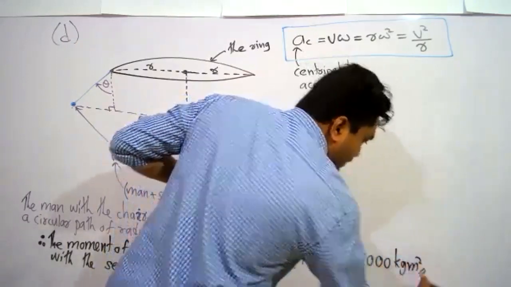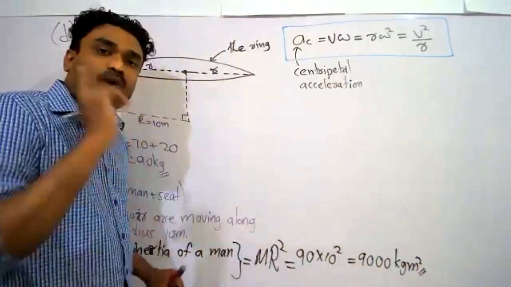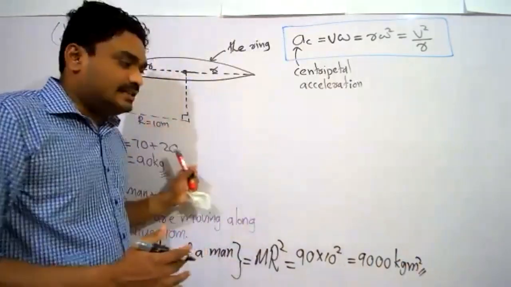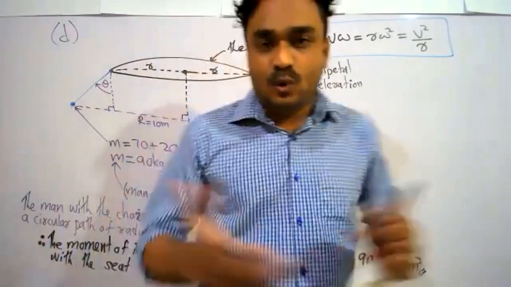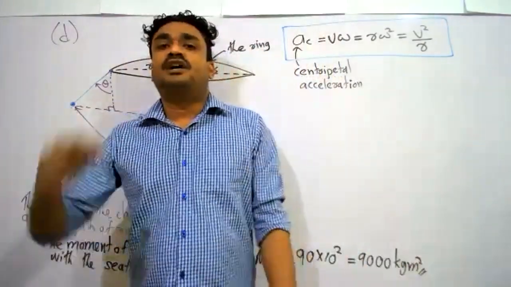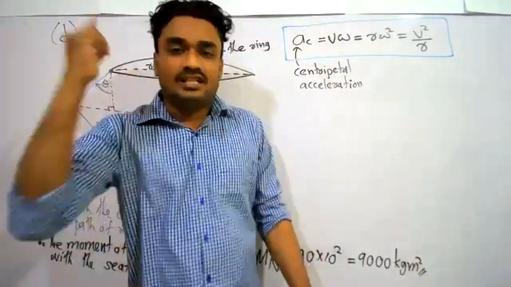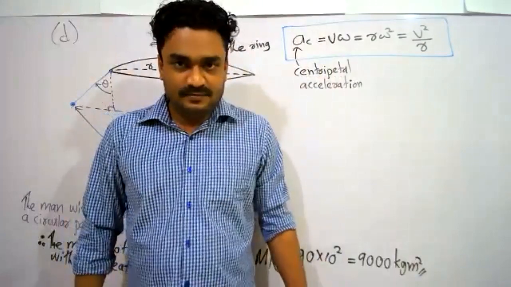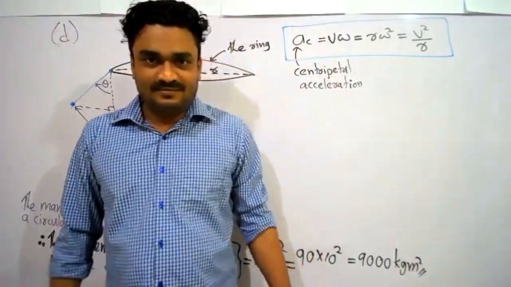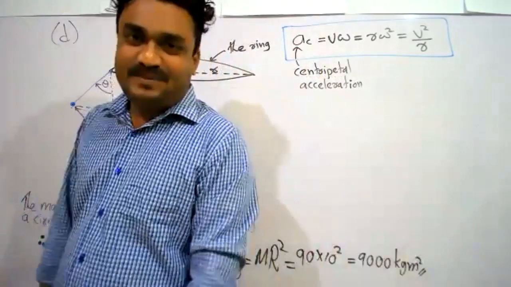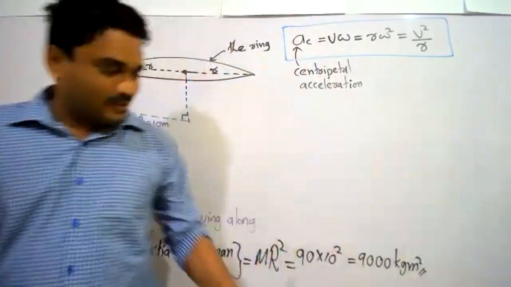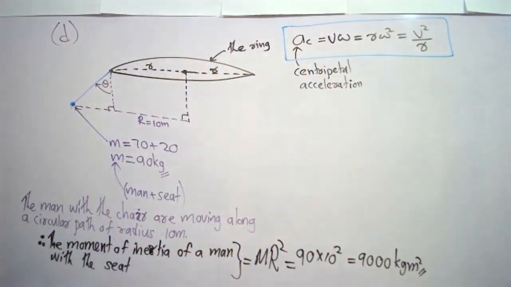So this is the moment of inertia of one man with the seat, 9,000 kg m squared. So what should be the moment of inertia of 10 such men with 10 such seats? 90,000, should be multiplied by 10, so it is 90,000. Very good. So write them there. Please write them all. You have fully understood the question. I'm so happy. But I'll explain it further.